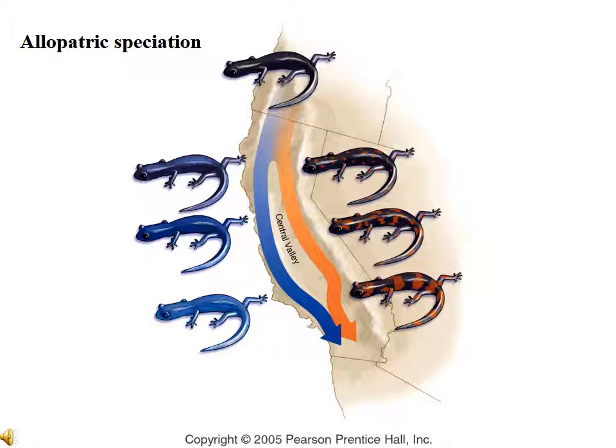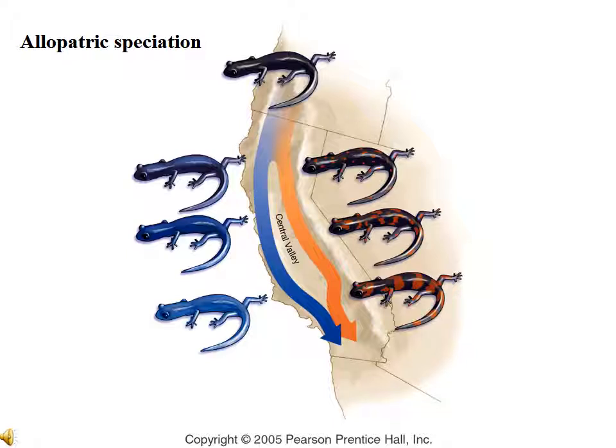So let's go to take two, allopatric speciation. How does this work? I'm looking in California at an example of how two species evolved from the original source. In allopatric speciation, barriers develop between populations of a given species.